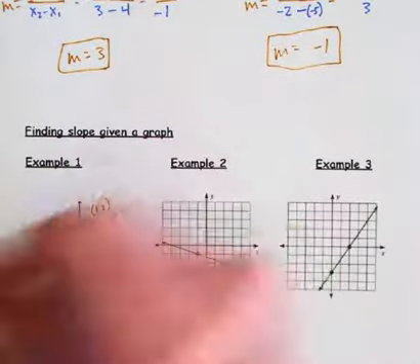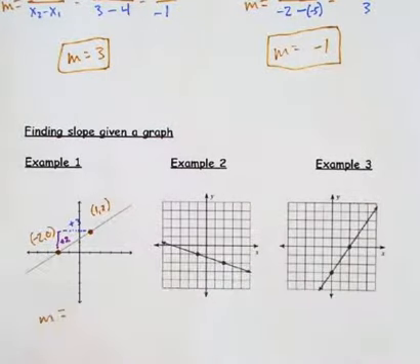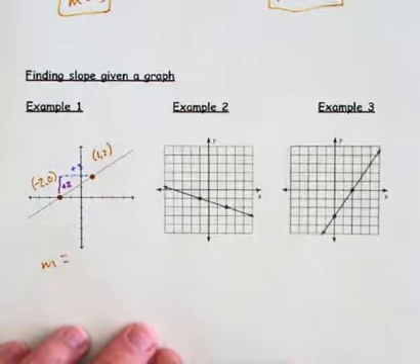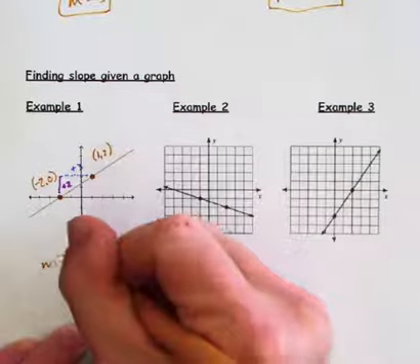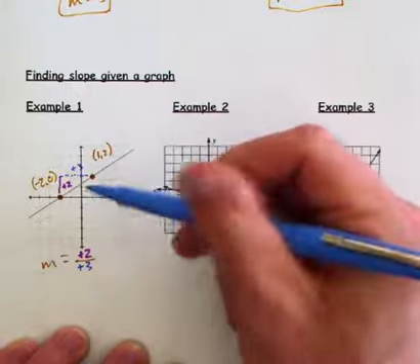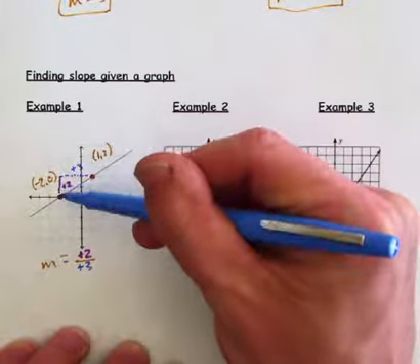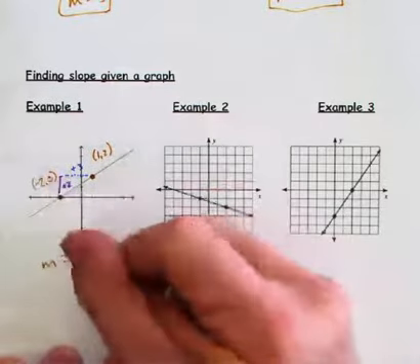So plus 3. So our slope, m, is going to equal, this up, okay? It's going to equal positive 2 over positive 3, right? For every 2 that it goes up, plus 2, it goes 3 to the right. So our slope is 2/3.